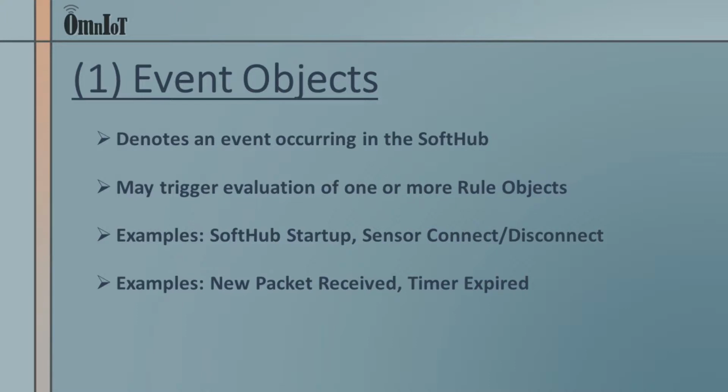As event objects are received by the rule engine, they may trigger one or more rule objects to be evaluated. Examples of event object subtypes include the SoftHub application starting up, a sensor successfully connecting or disconnecting, a new packet being received, or a timer expiring.